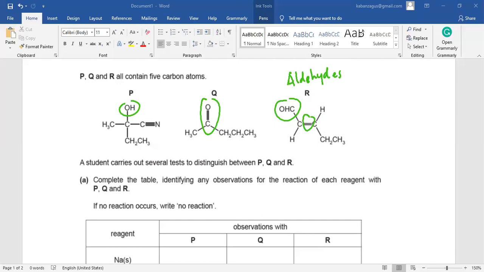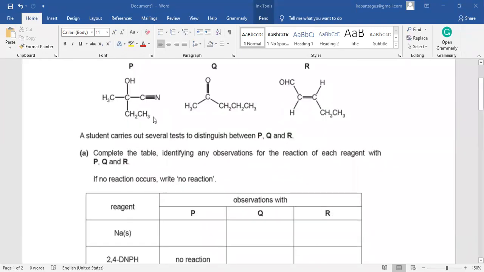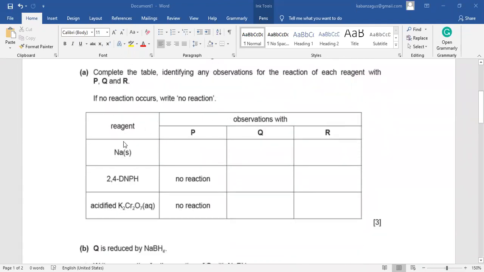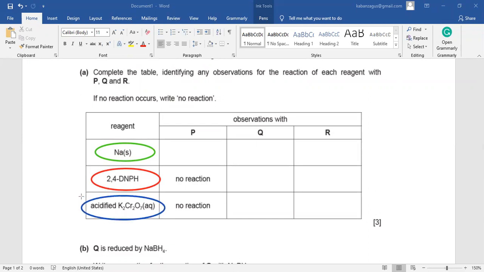Now, in order to overcome these questions, you should be very clear on your understanding of whether a specific reagent reacts or not. In these questions we have sodium, we have 2,4-DNPH, and we also have acidified K2Cr2O7, right?